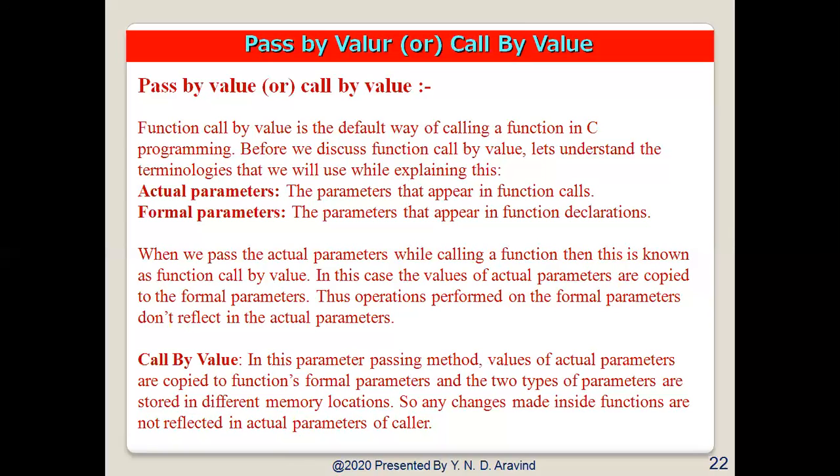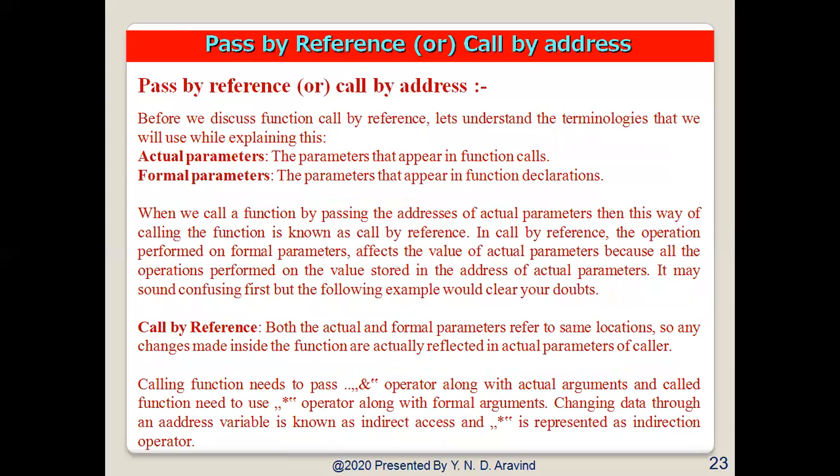Now coming to call by reference or call by address, this is another technique we are going to see in C programming. Here the address of the variables is passed.